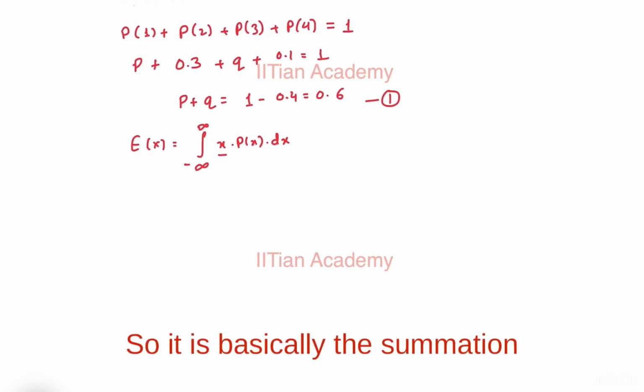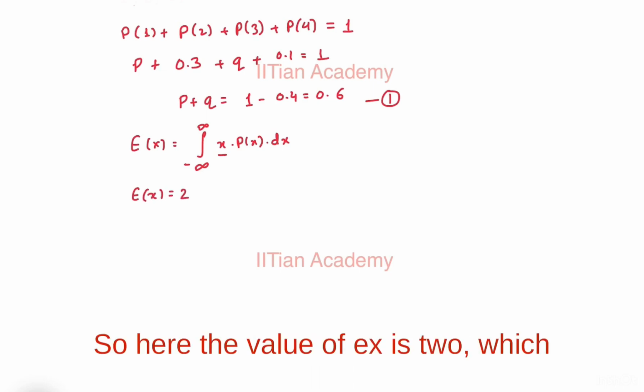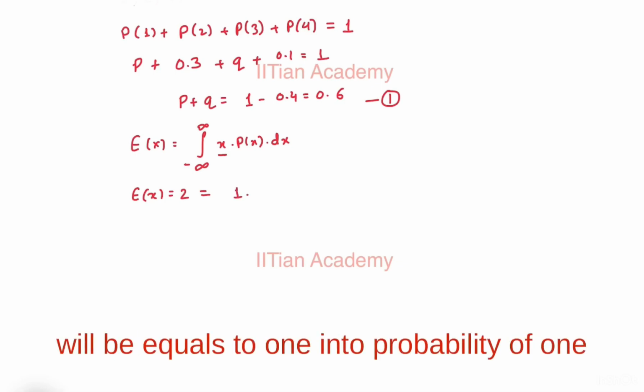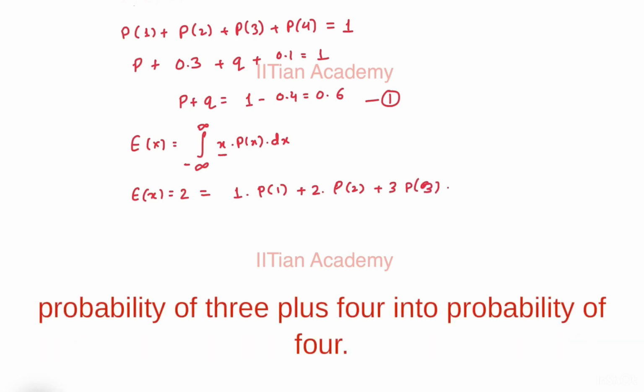So it is basically the summation of each x multiplied by its probability. So E of x, which is 2, equals 1 times probability of 1 plus 2 times probability of 2 plus 3 times probability of 3 plus 4 times probability of 4.